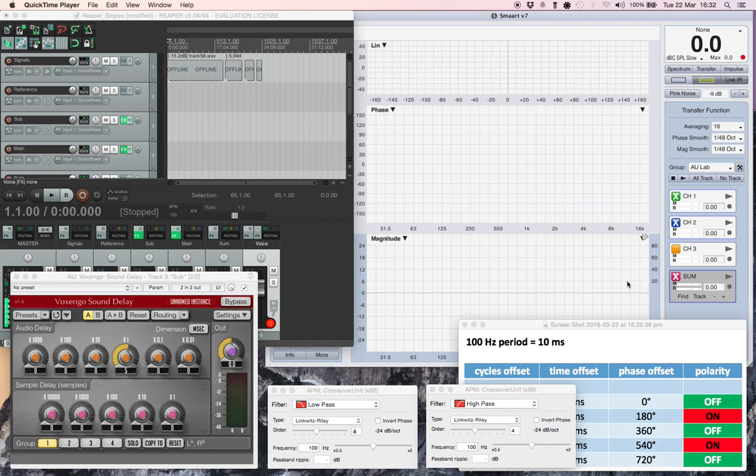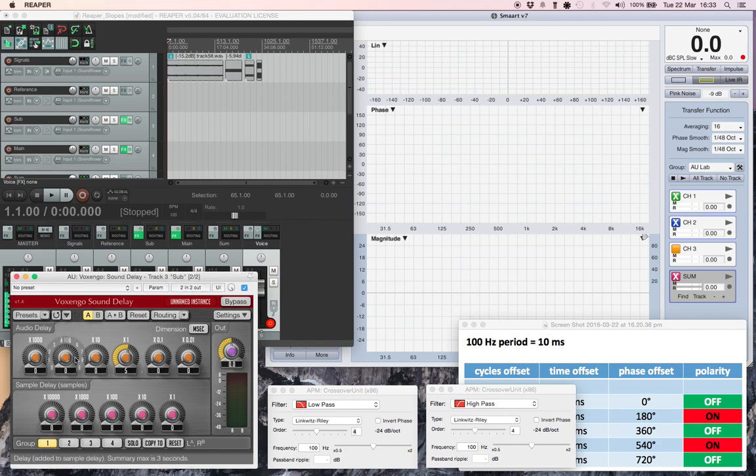So let's go back to this screen. We have Smart running up in the top right corner. We have Reaper running in the top left corner, and two plugins, or more important, two instances of the same plugin and another plugin.